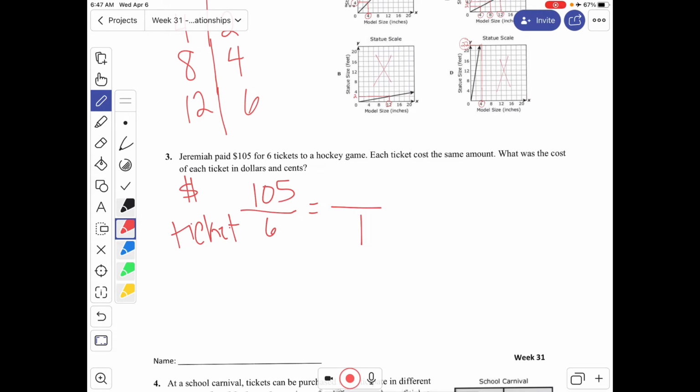Or you could just remember that this is a unit price. They're asking for the price of just one thing, and anytime they're asking for the price of just one thing, you're going to end up dividing, which is what you would have to do if you set up the proportion. So go ahead and work that out.